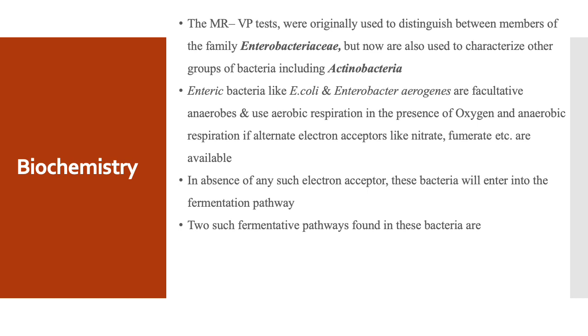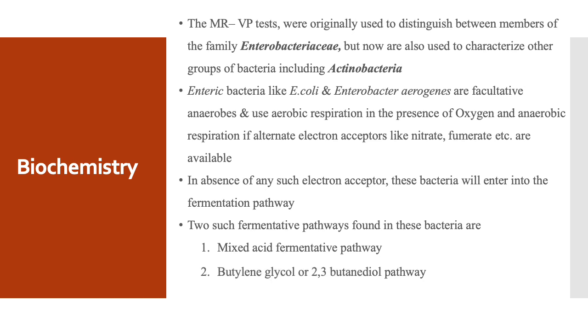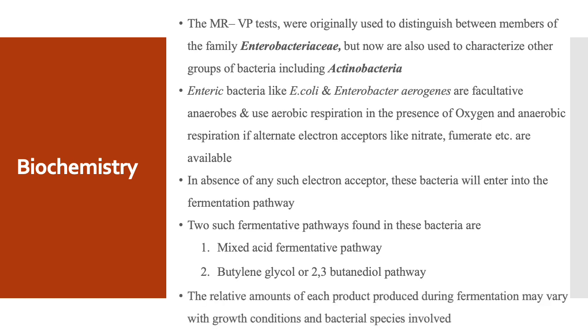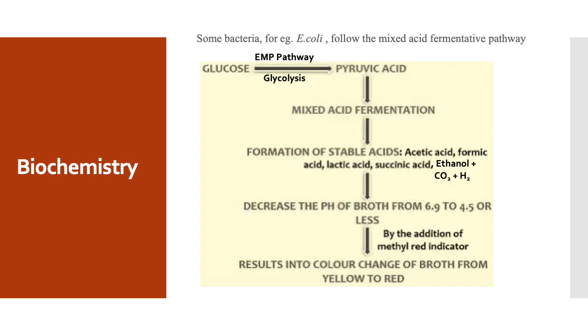And two such fermentative pathways found in these bacteria are mixed acid fermentative pathway and the second one is butylene glycol or 2,3-butanediol pathway. The relative amounts of each product produced during fermentations here may vary with growth conditions and bacterial species involved. Friends, E. coli follows mixed acid fermentative pathway. And this mixed acid fermentation occurs in two stages.